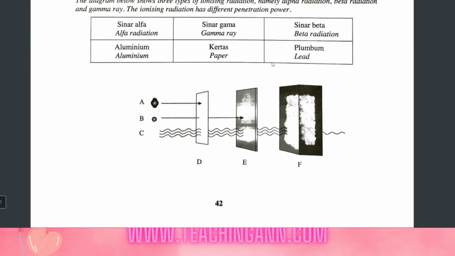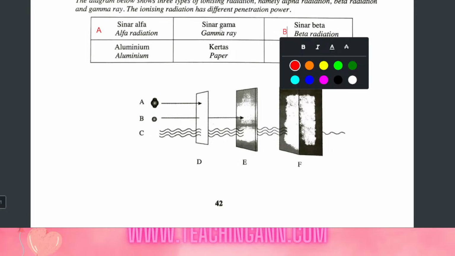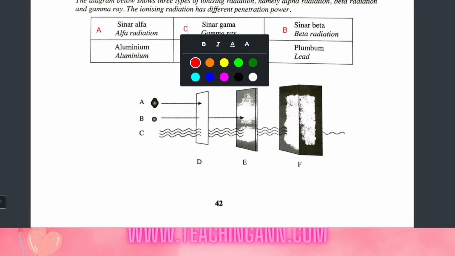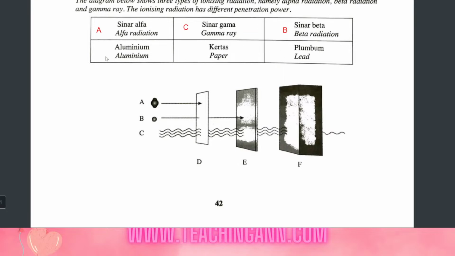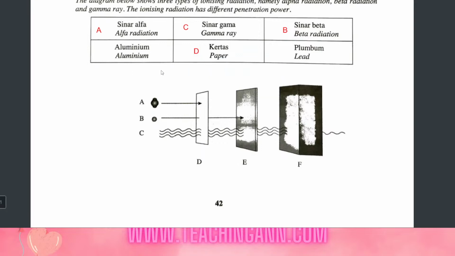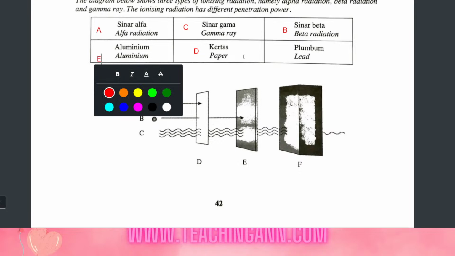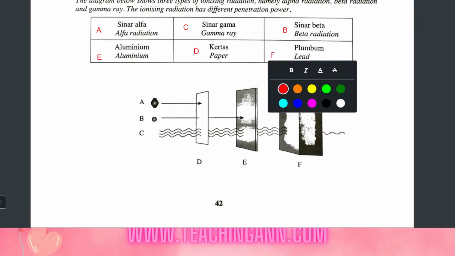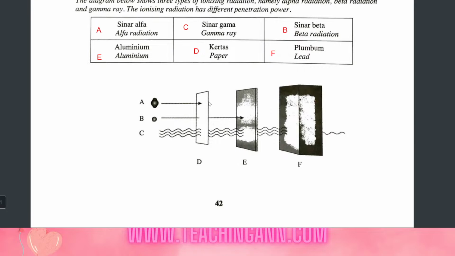A, yes, correct. B, beta. C, gamma, correct. E, okay, good, nice. Okay, done.